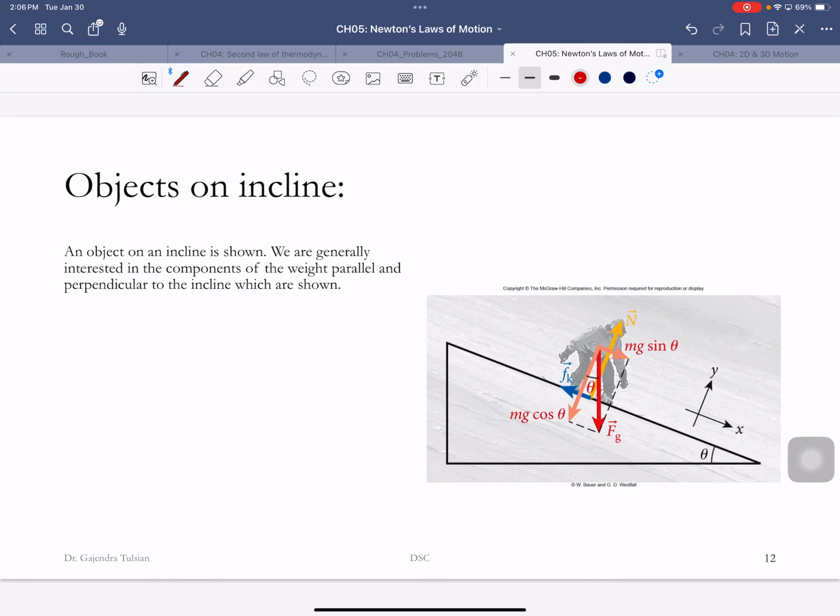All right, we'll go over this slowly because you'll use this in many problems. So what we'll be doing is the following. We'll put an object on a slope. And so we will need the following.